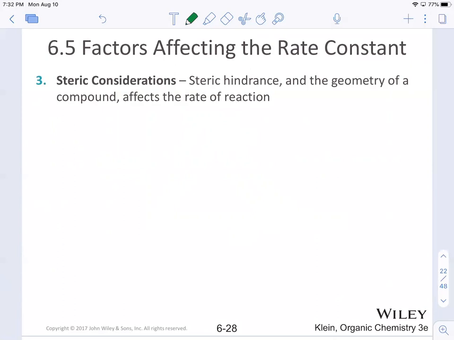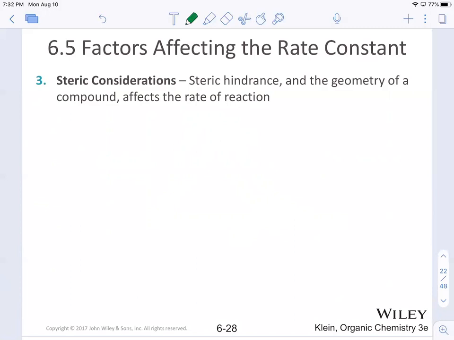But I still need to remember, when molecules collide, they have to be able to move fast enough, have enough kinetic energy. But if they actually are big and they have a lot of things around them, they might not actually collide in the right way.